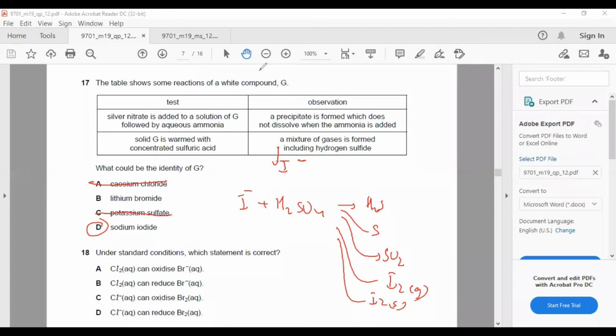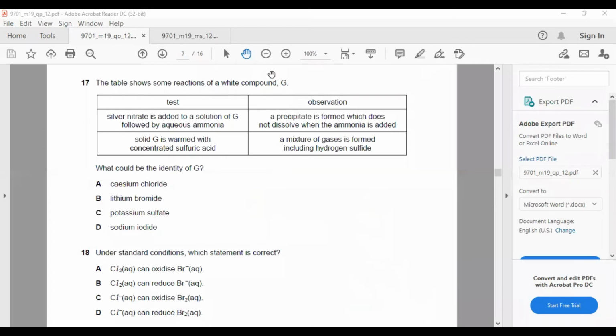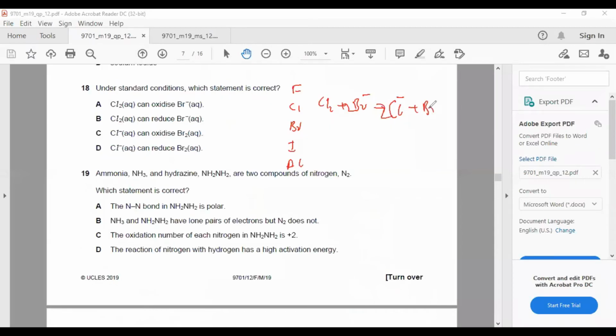18 is easier. We have done it in earlier classes also. The halogen which is above can oxidize the halogen below it from its salt. Chlorine plus Br minus gives chloride plus Br2.